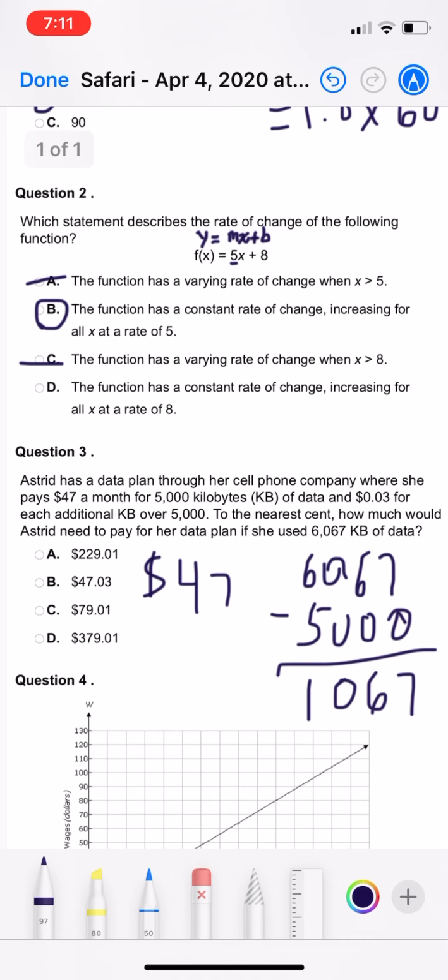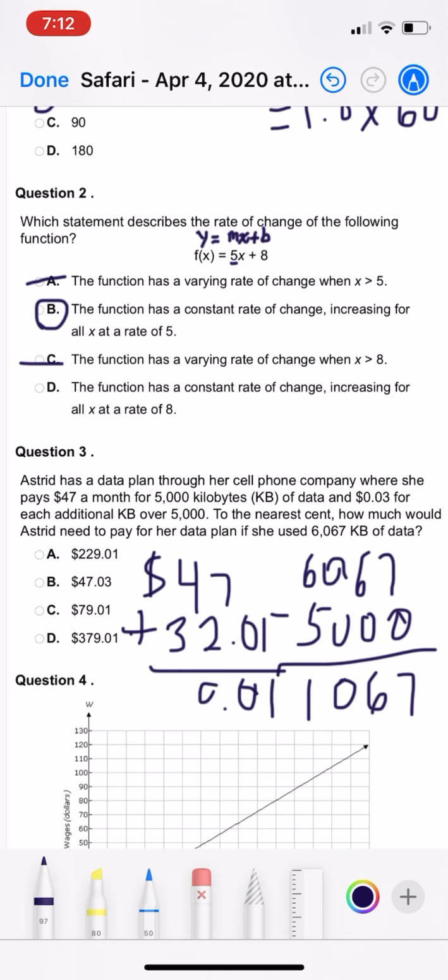So I'm going to take 32.01 and add it to my 47, because she already pays 47. So that gives me $79.01. That wasn't too bad.